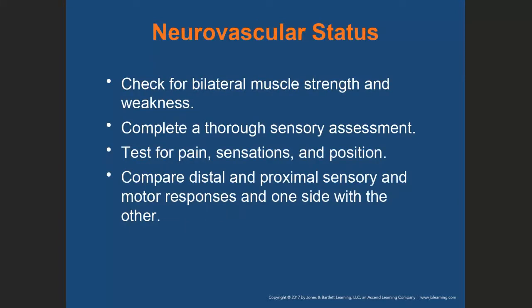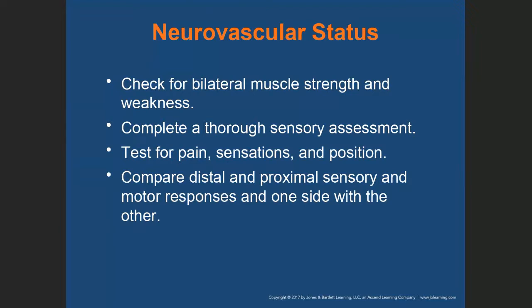Now, a neurovascular assessment is done to determine if a patient has complications from a spinal injury, from a fracture or a dislocation to a limb, and from a stroke.